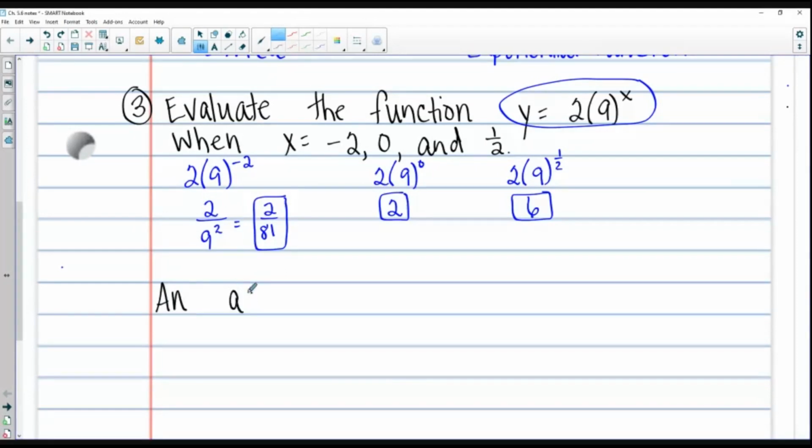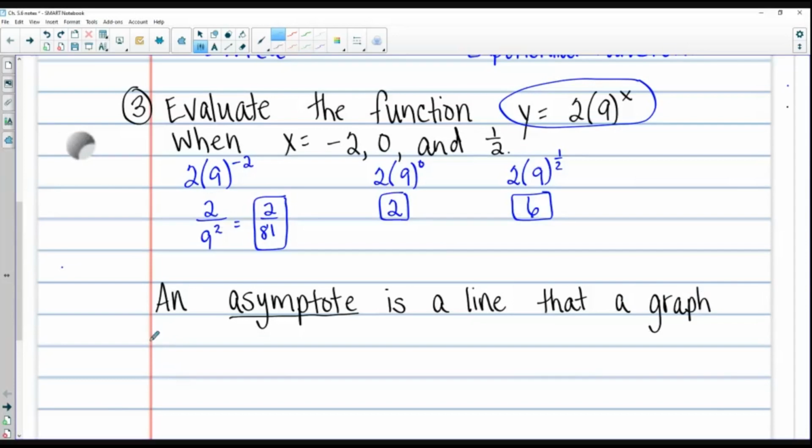An asymptote is a line that a graph approaches but never intersects.